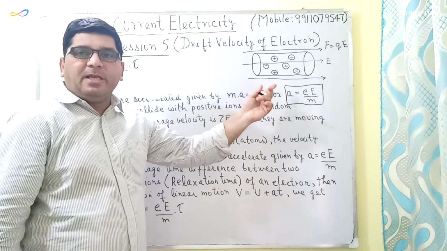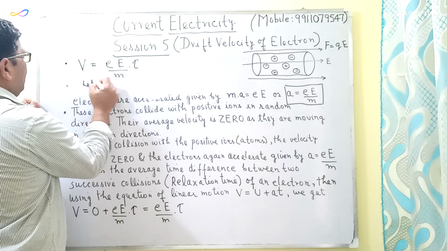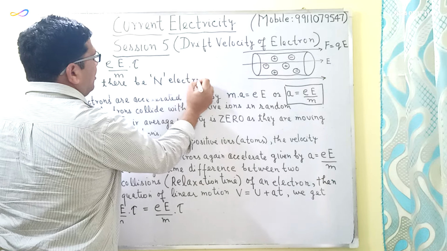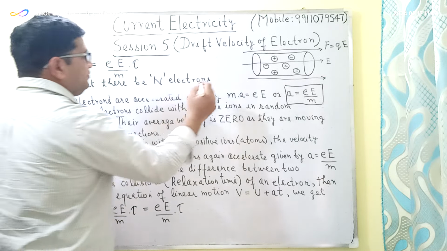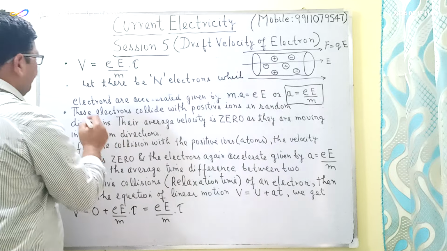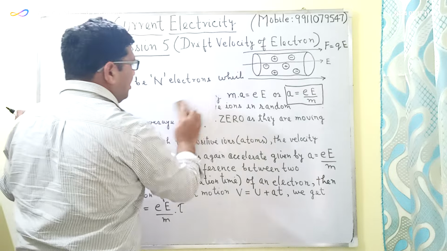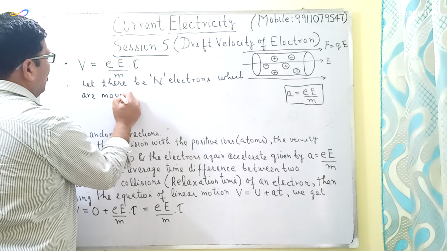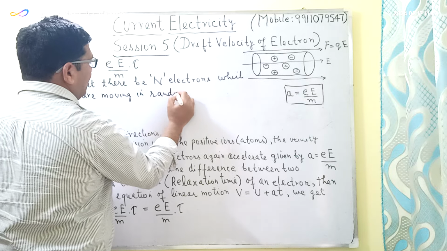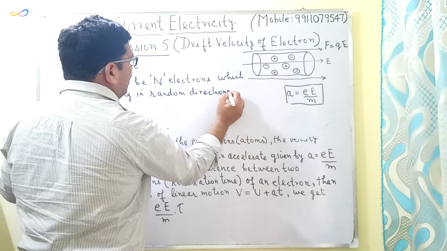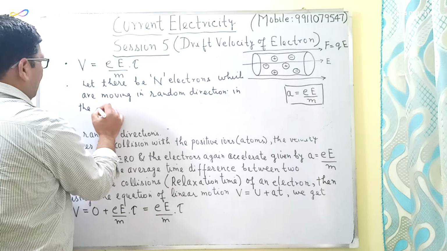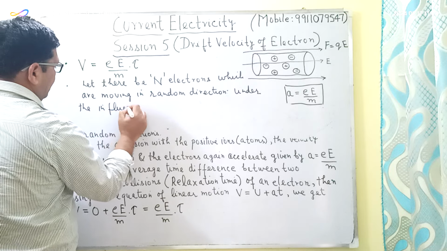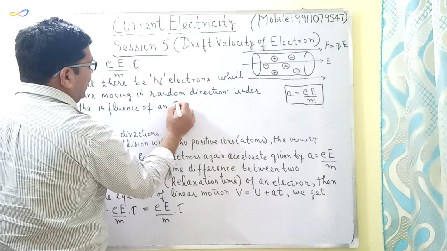Now, let us say there are n electrons which are moving in random directions under the influence of an external electric field.